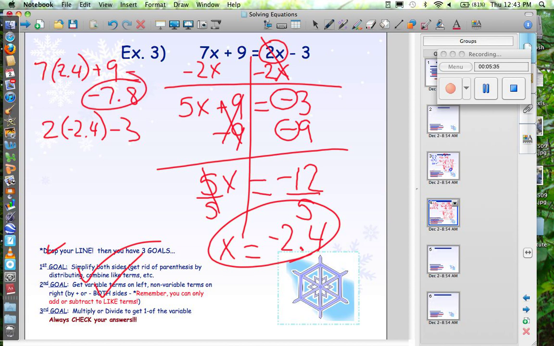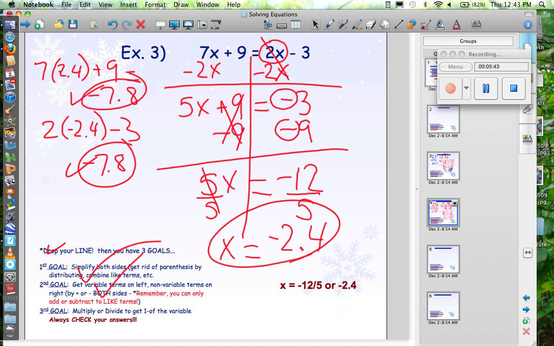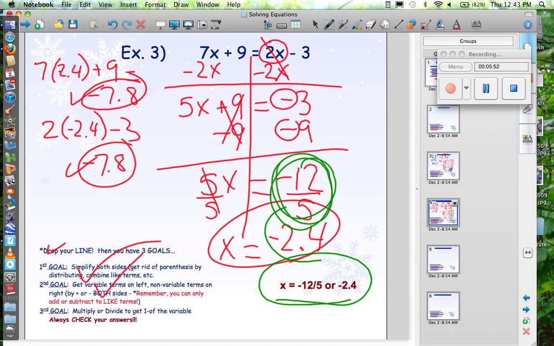And then 2 times negative 2.4 minus 3, I get negative 7.8 on the right, so it works. All right, and my answer is negative 2.4. Notice down here, some teachers don't care if you just leave it as this fraction or if you actually divide it. So either way would be right.